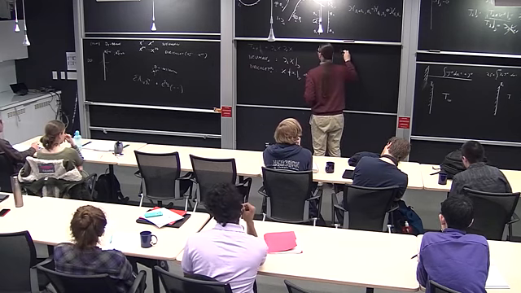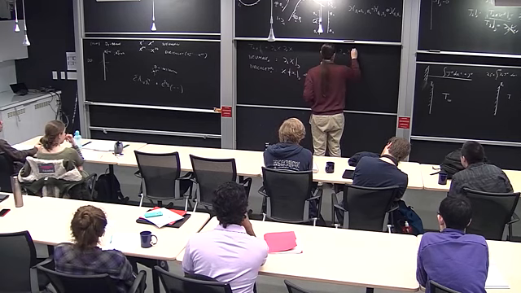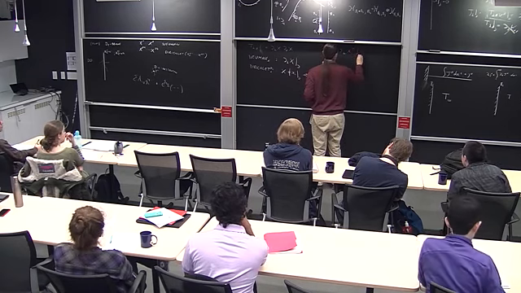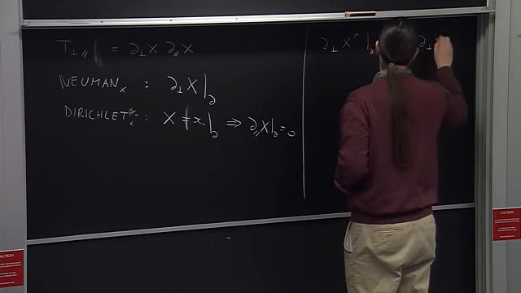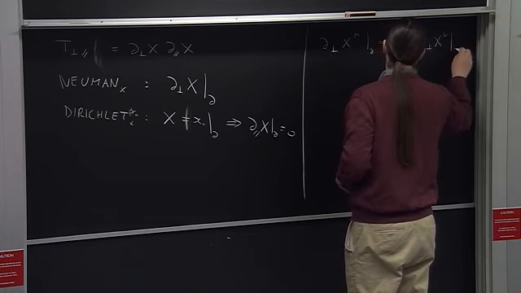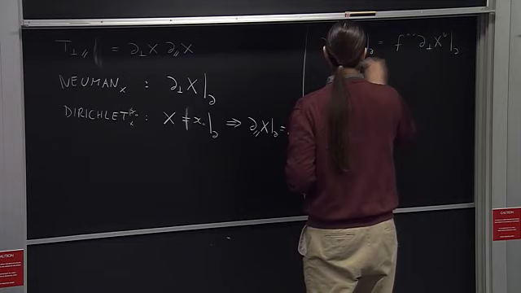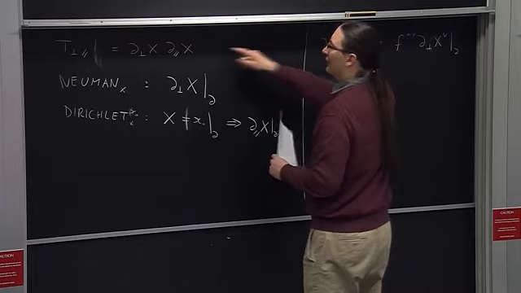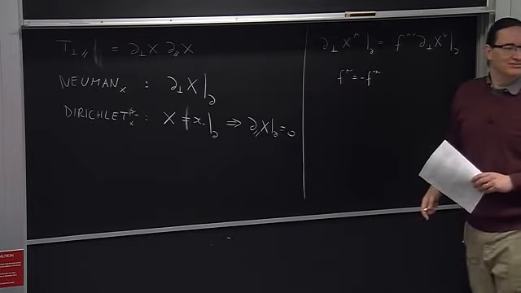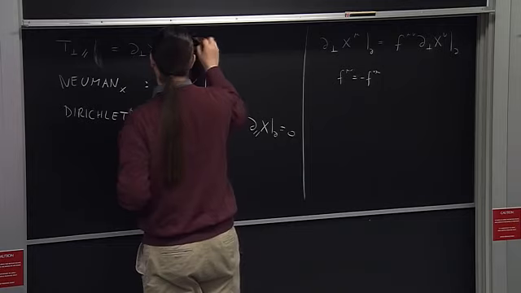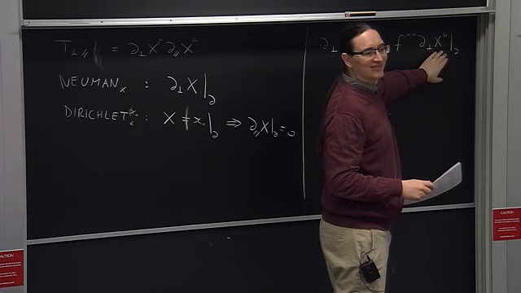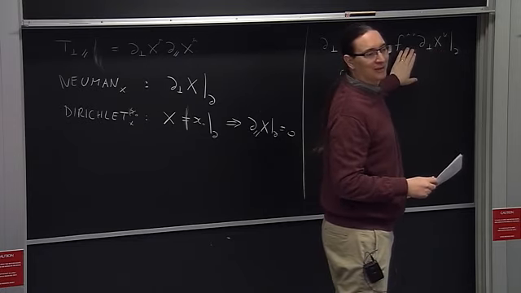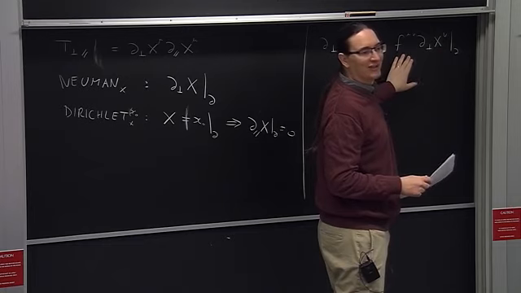I could modify Neumann boundary conditions, and as long as this is antisymmetric, this would still vanish, because I contract this with the perpendicular mu, and so that is contracted on a symmetric tensor, so it vanishes.